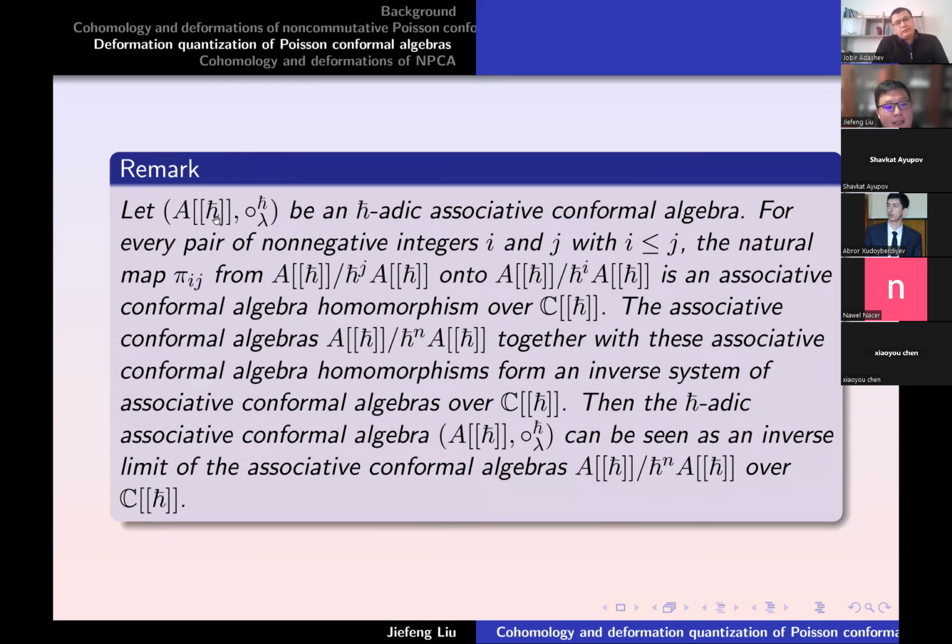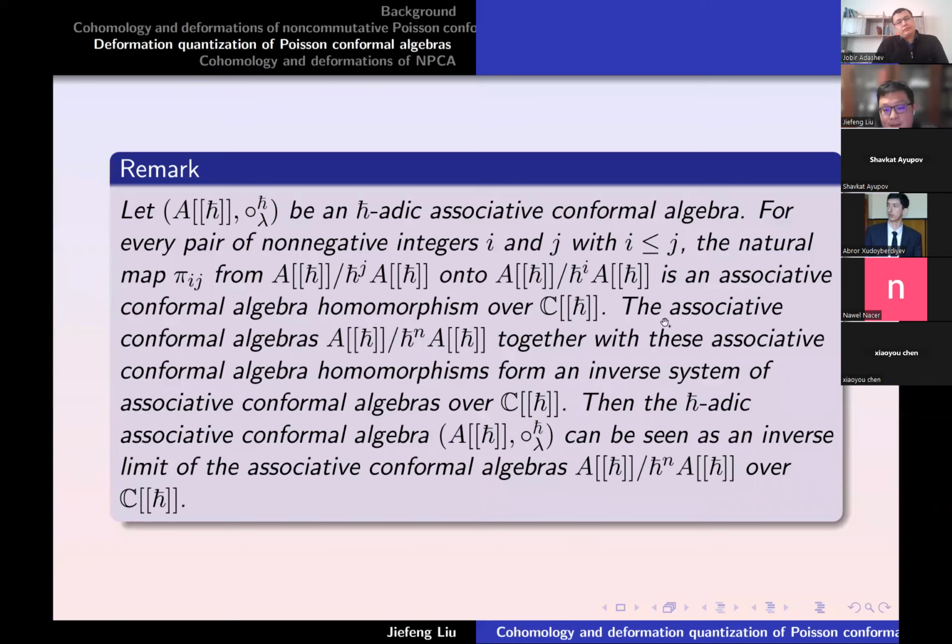Now, the remark is given that this is an h-adic associative conformal algebra for every pair of negative integers i and j with i less than or equal to j. The natural map pi ij from this onto this is an associative conformal algebra homomorphism.